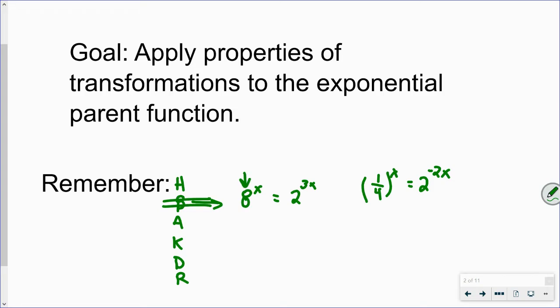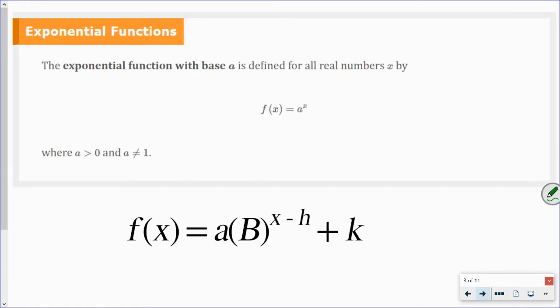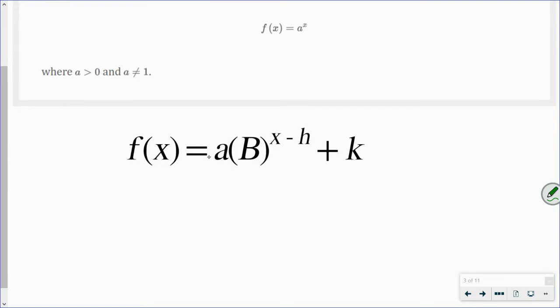Our b is right here. These are the b values that we're going to look at for exponential. So we have the HAKDR moving things up, down, left, and right, and stretch and shrink and compress. So exponential function with a base a, anything with x as an exponent is exponential. Okay, we've kind of worked with this formula a little bit before.